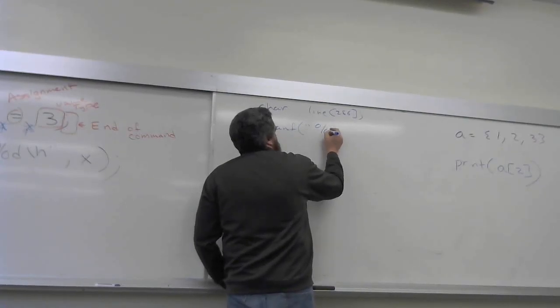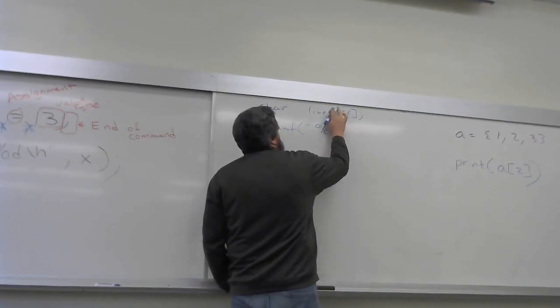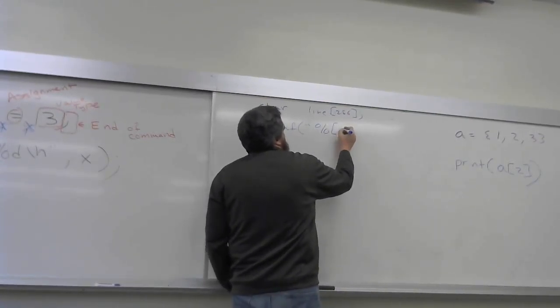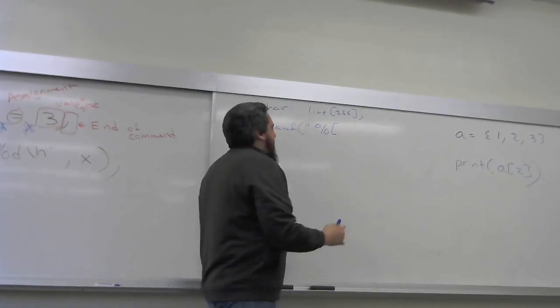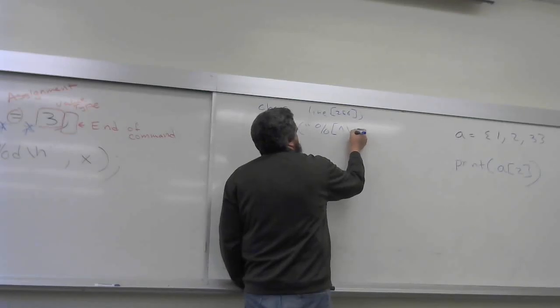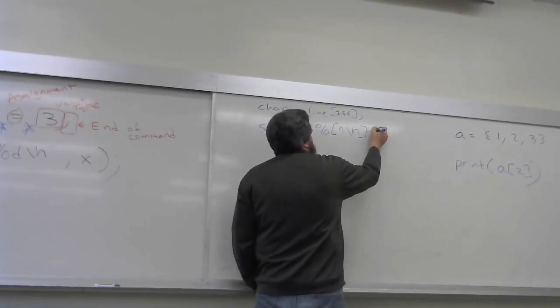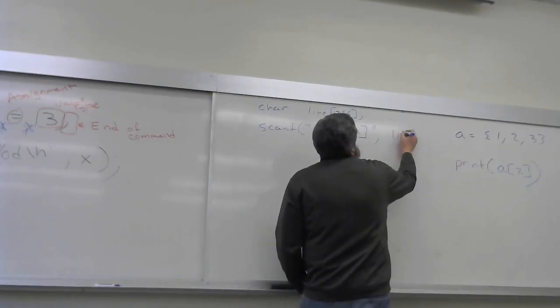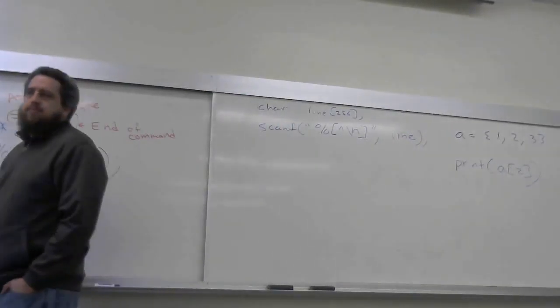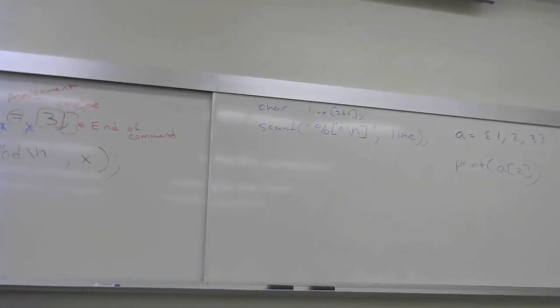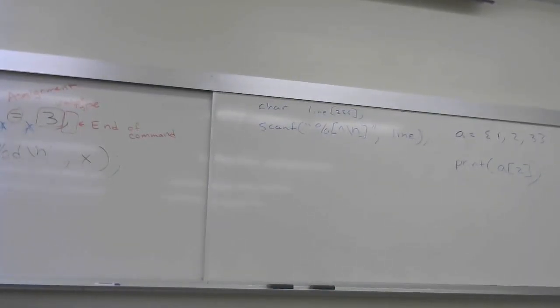So it would be a %, left hard bracket, up caret, backslash n, right hard bracket, like so. That says reading an entire line. So that would read in that entire line there.